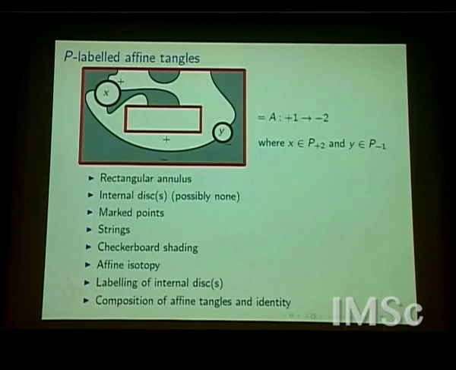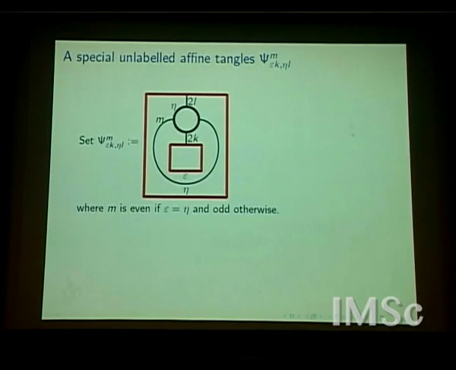Okay. Now, I need to define. So, this was an example of a P-labeled affine tangle. Another tangle is an unlabeled one, which is a very important unlabeled tangle. So, here also you have a rectangular annulus and you have stuff around the internal rectangle, and here what I have done is I have marked the strings with even numbers or odd numbers.